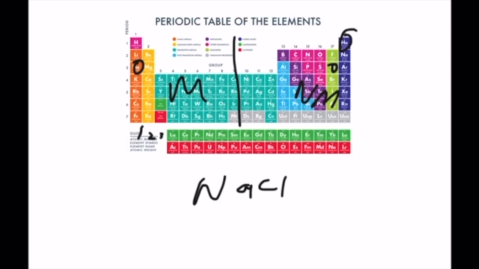So anything in the turquoise section will have a +2 charge. That's something you need to know, unless special scenarios such as iron 2 etc. For group 2 over here, the charge for all of group 2 is +2. The charge for all of group 1 is +1.